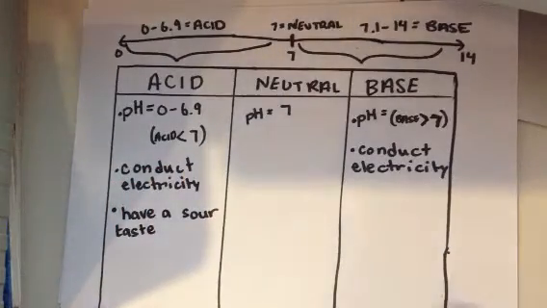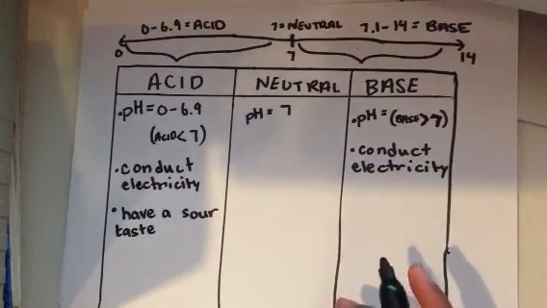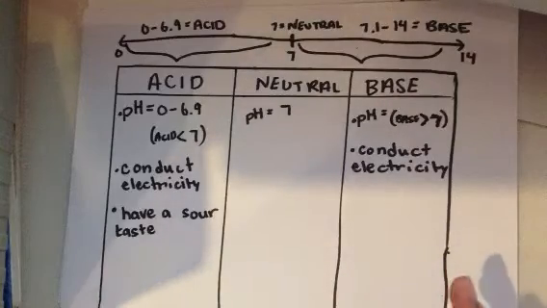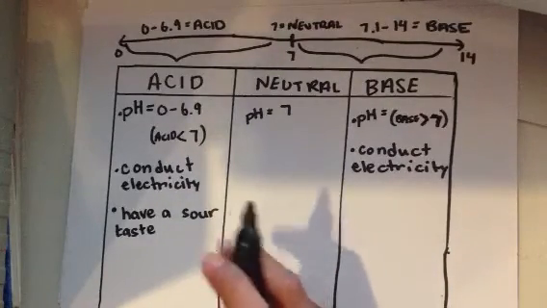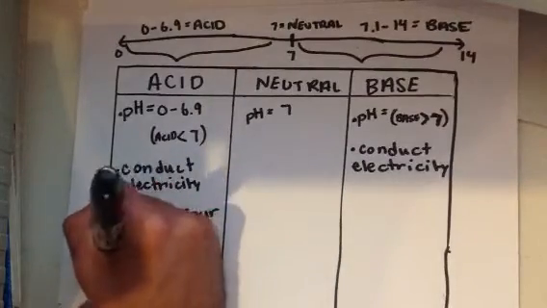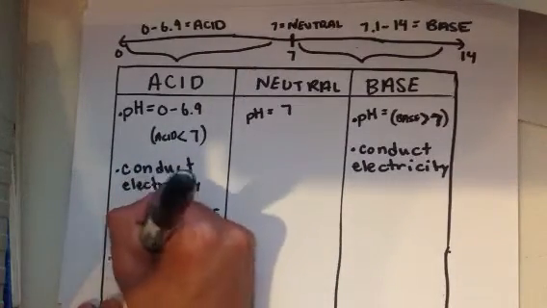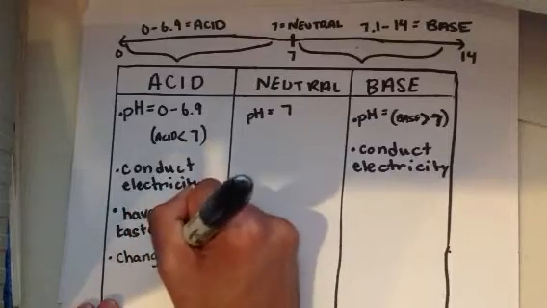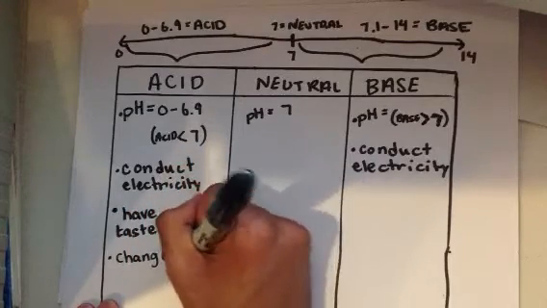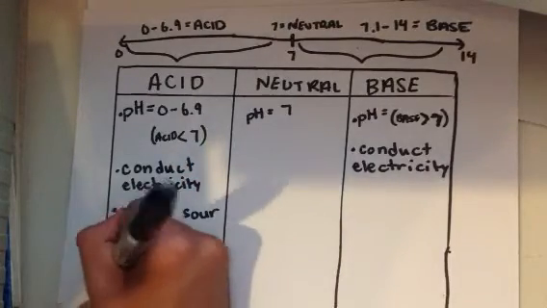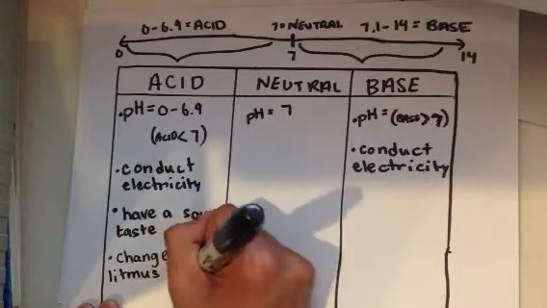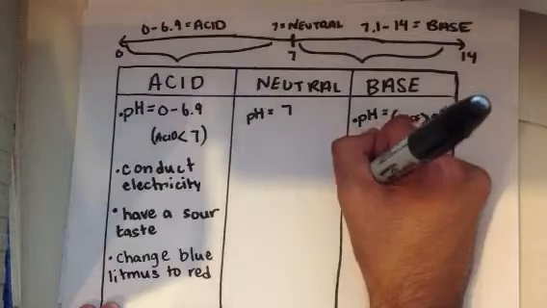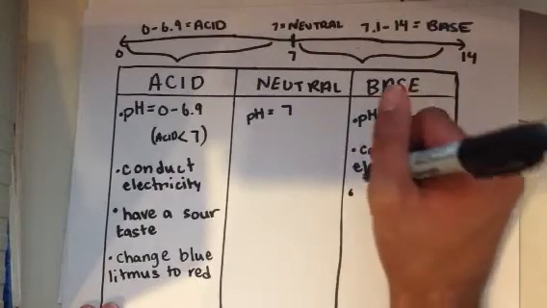Now, another one is an empirical property of acids and bases. It's the effect they have on litmus paper. So acids will change blue litmus to red. And the opposite is true for bases.